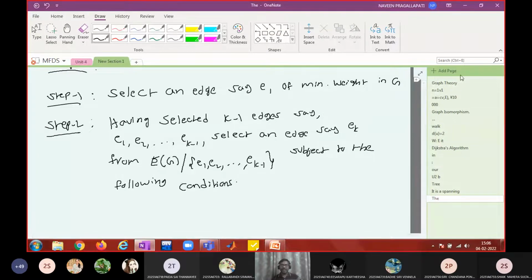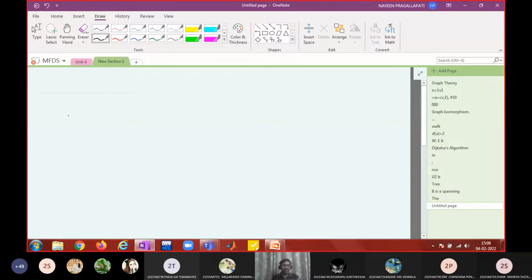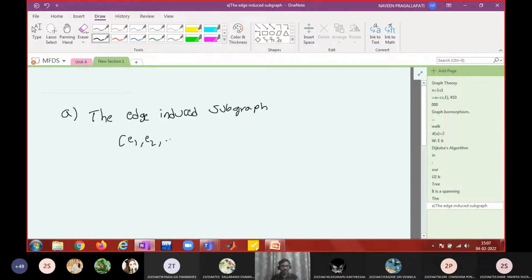So you can select the new edge subject to the following conditions. The first condition is the edge induced subgraph E1, E2, and so on, Ek minus 1 and Ek has no cycles.